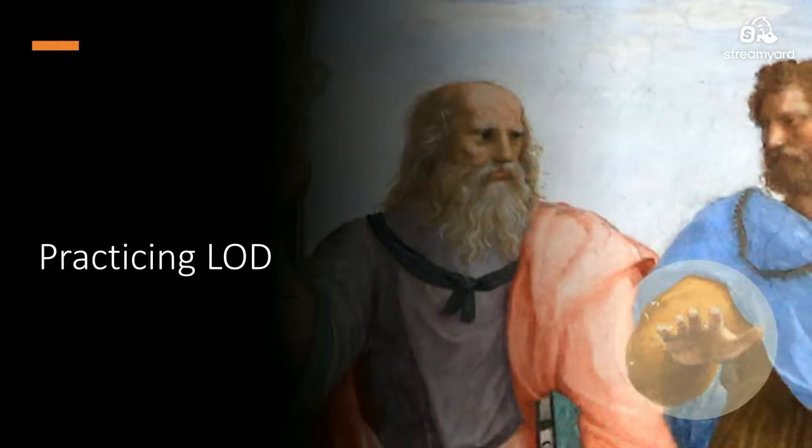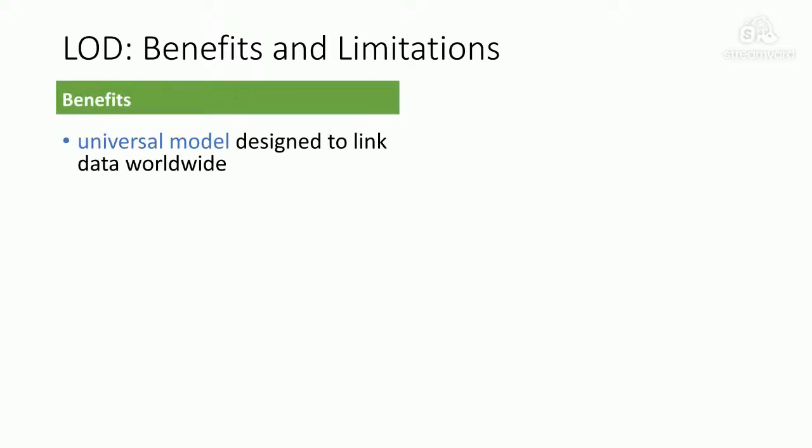Now, you might wonder how we can use LOD in real-world projects. Using LOD also means facing its practical issues, because, of course, there's no magical technology. Each has its own benefits and limitations. On the plus side, LOD uses a universal model designed to link data worldwide.